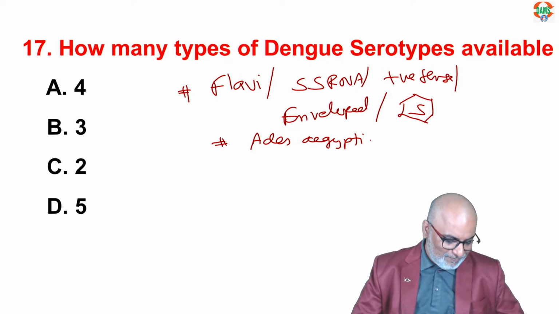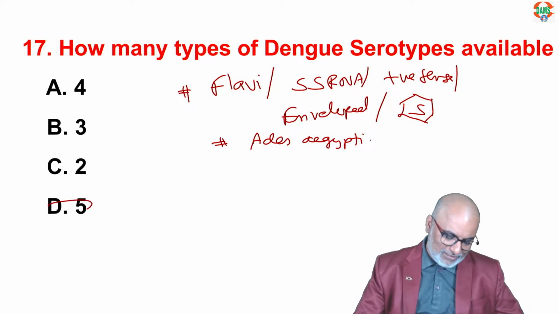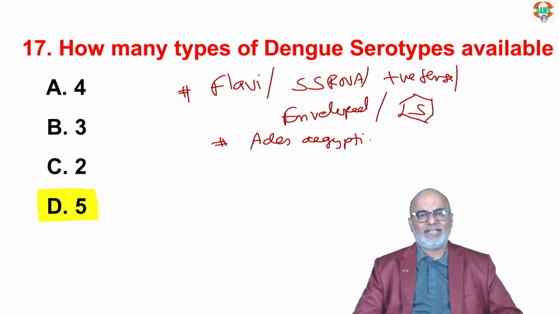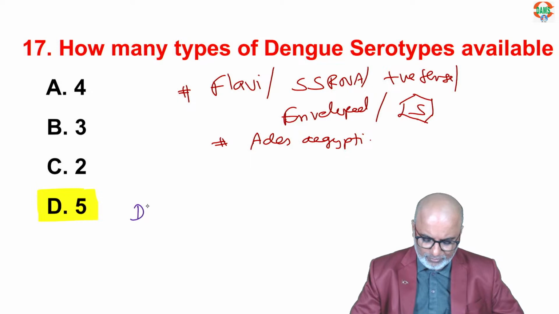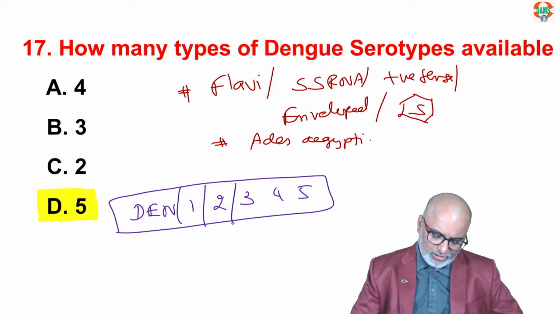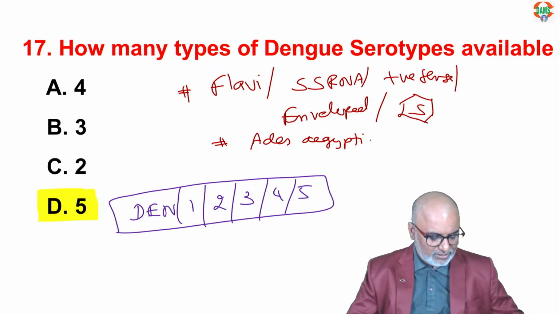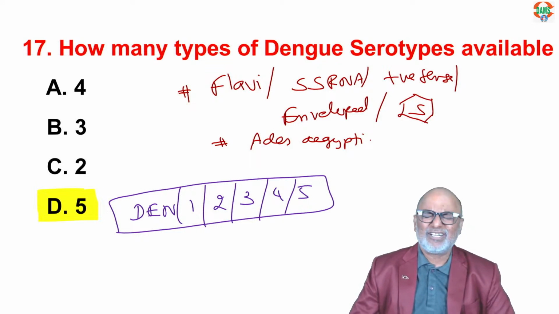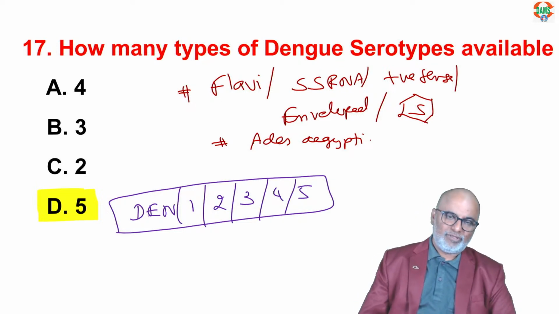Totally it has 5 serotypes. Previously people said 4, now it is 5 serotypes: Dengue 1, 2, 3, 4, 5. You should know about dengue virus and other viruses occupying newspaper headlines, like Chandipura virus, human metapneumovirus.